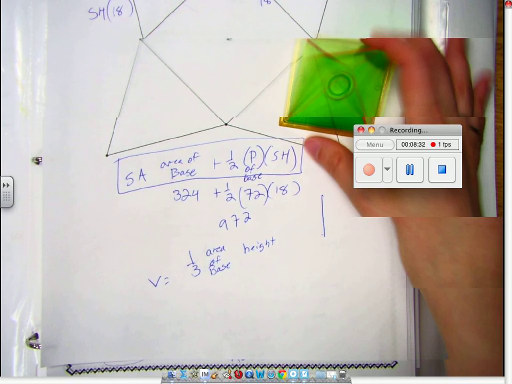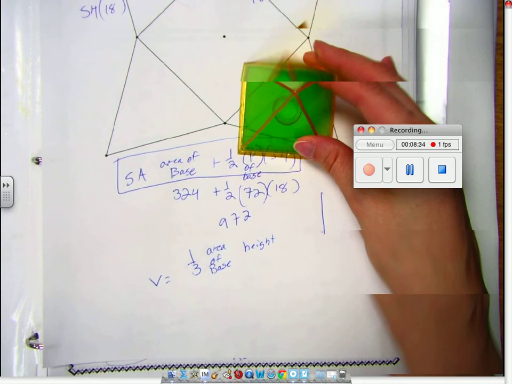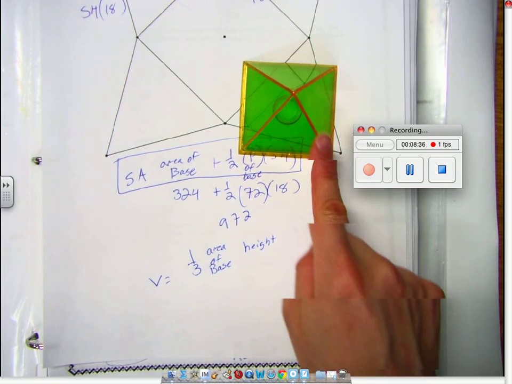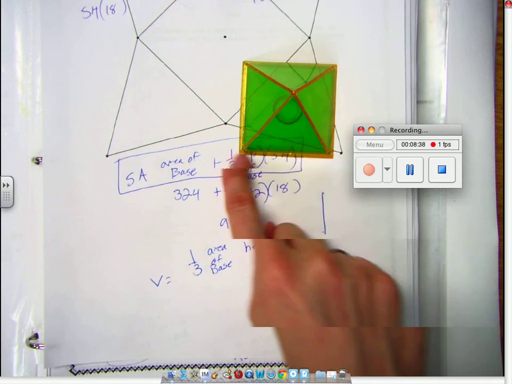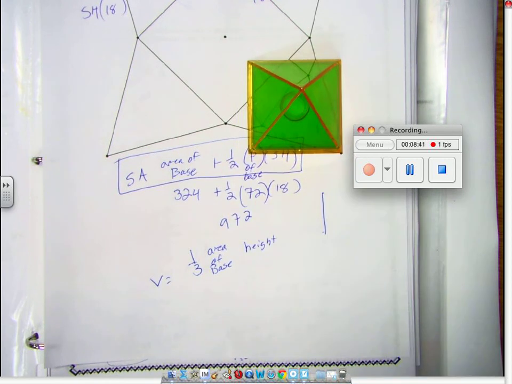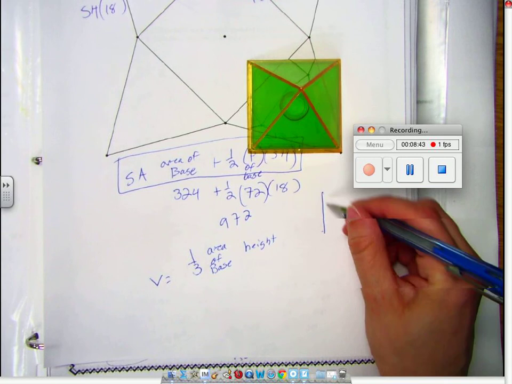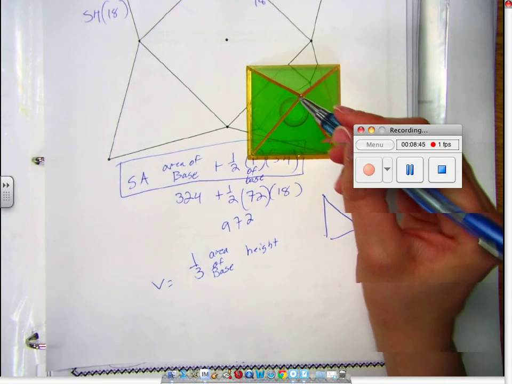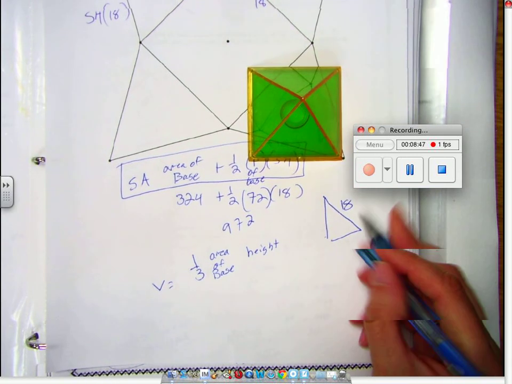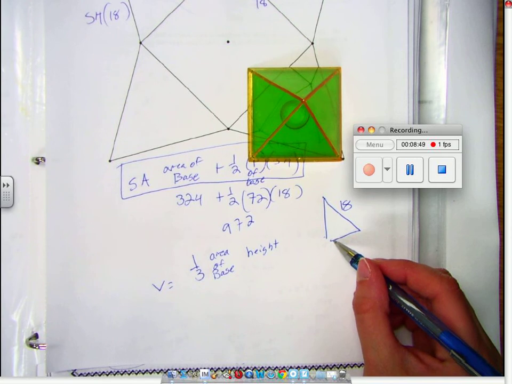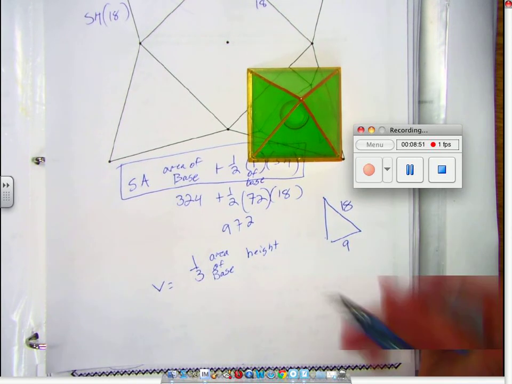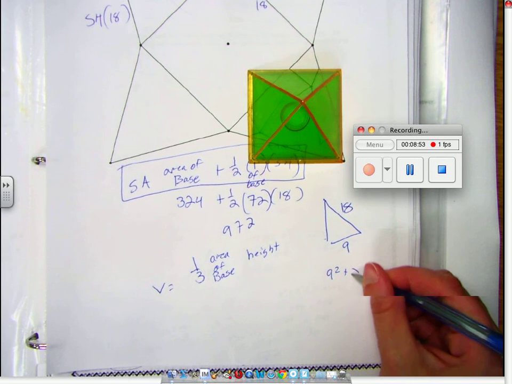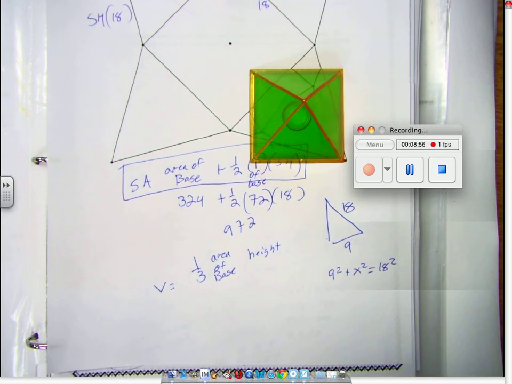Okay, here's my pyramid, okay? I know that this slant height is 18 and the bottom is 18. Okay, well if this is 18 and I want to figure out the height of it, I'm going to use the slant height is 18, but the bottom's not going to be 18. What is it going to be? 9. So I'm going to have 9 squared plus x squared equals 18 squared.